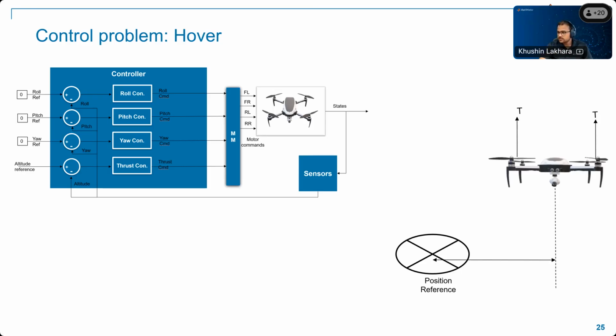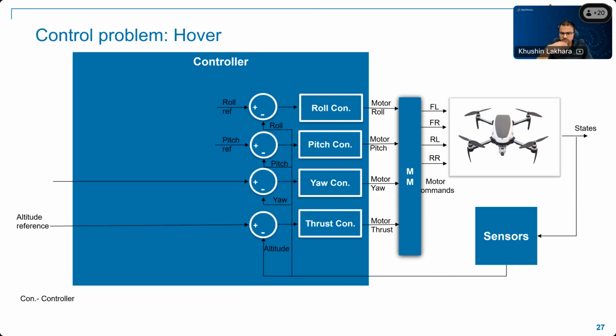If the position reference has an error, we need to design a flight controller which can take care of your position as well, along with your altitude. This architecture is what we had in the previous slide to maintain your roll reference, pitch reference, and yaw reference. Here we are putting estimated yaw instead of your reference. The estimated yaw is calculated from your position reference.